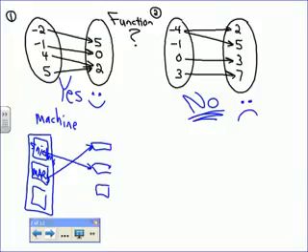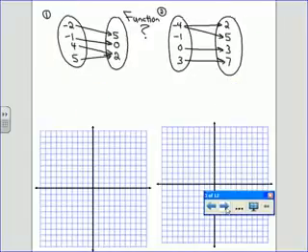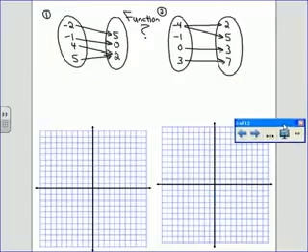So what are you kind of looking for when you look at a relation or a table? What don't you want to have? You don't want any input to have two different outputs.